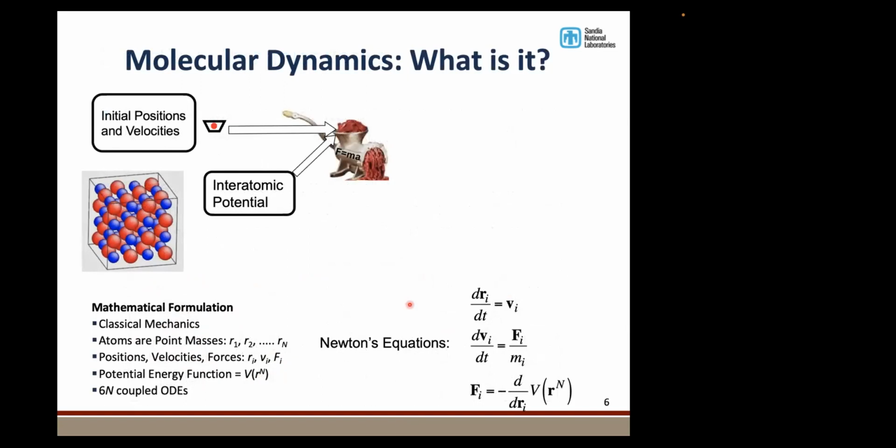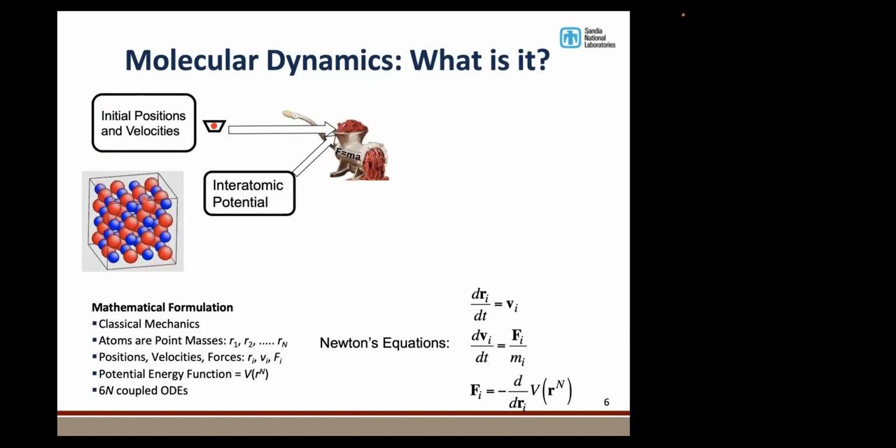Okay, so let's dive just a little bit deeper into molecular dynamics and look at a few equations. Nothing too deep, but the way that it works is you have initial positions and velocities. So you initialize your system. You could initialize it on a lattice or some other way.